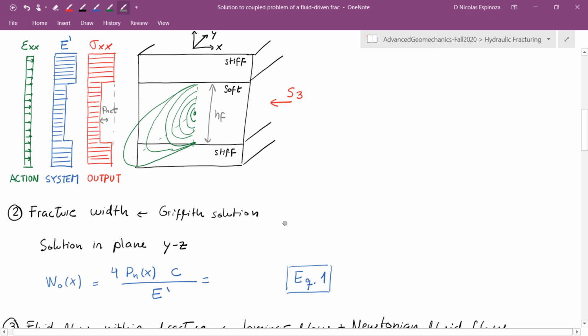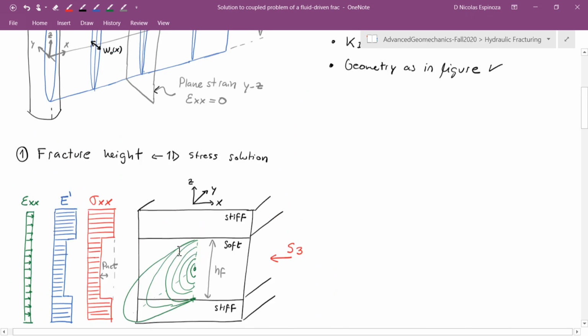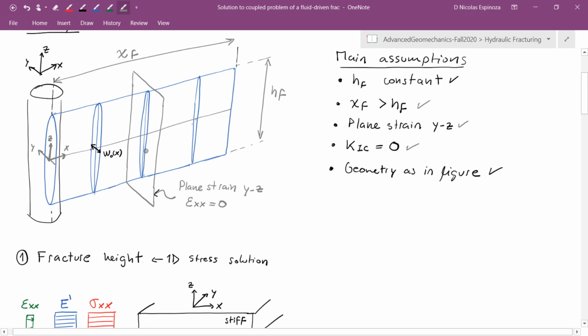And this solution solves very well our problem that we have over here, because we know that the pressure varies along the fracture. But if we take a given plane, what we're assuming right now is that the pressure in this plane is the same.